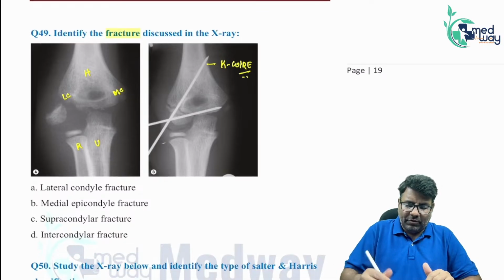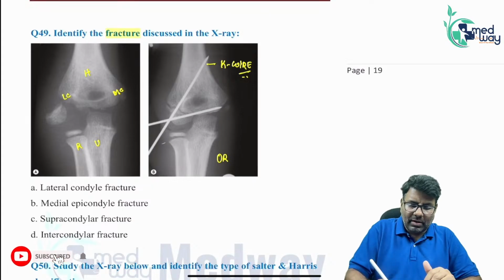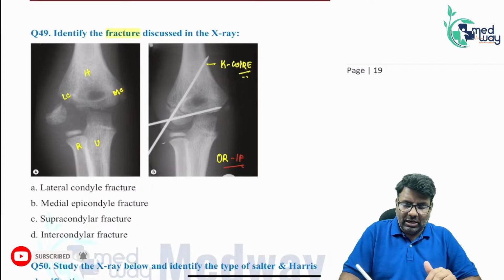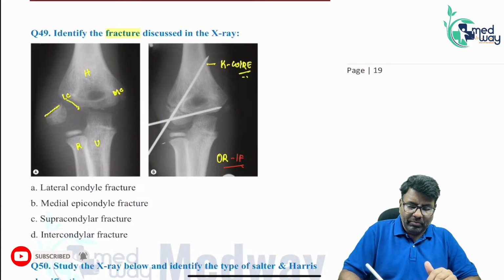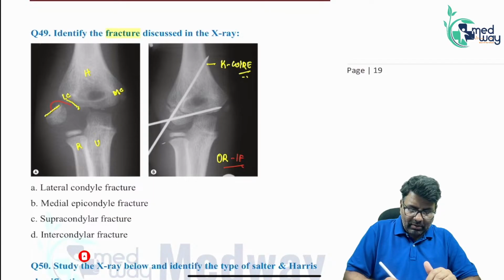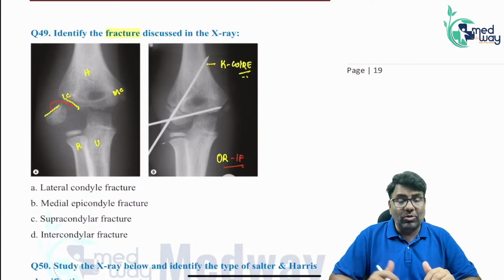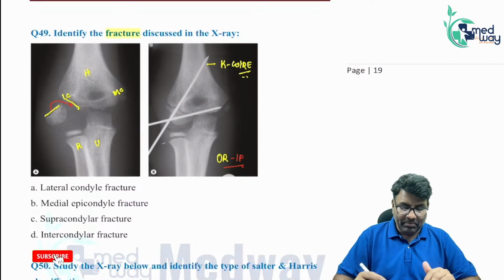ORIF has been done. Because you see, this is actually the articular surface, and it should be brought and aligned with this area, then only it will heal. Otherwise, it will never heal.